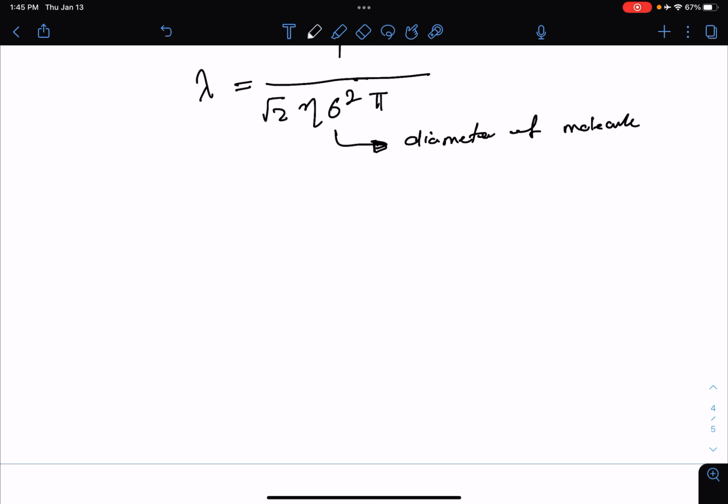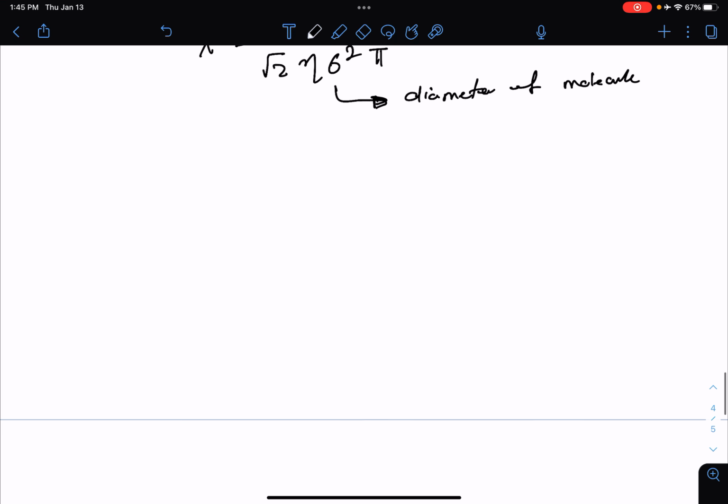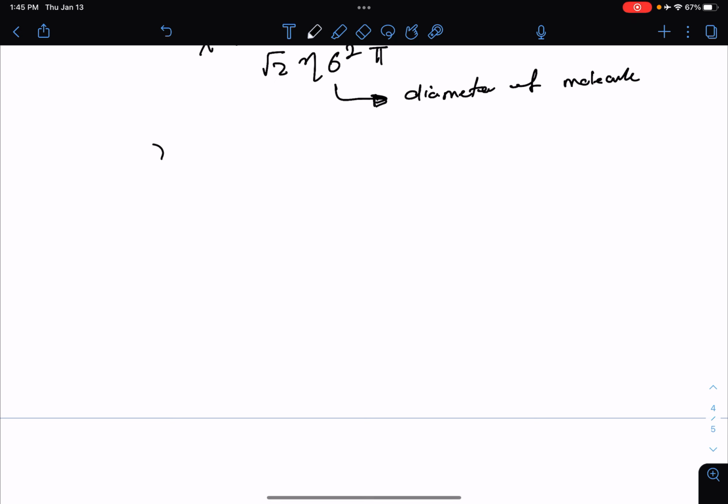I read somewhere earlier that it was the distance between two molecules divided by two. Yeah, so of course, you're not going to use a ruler there; there are measurement devices you need to use.